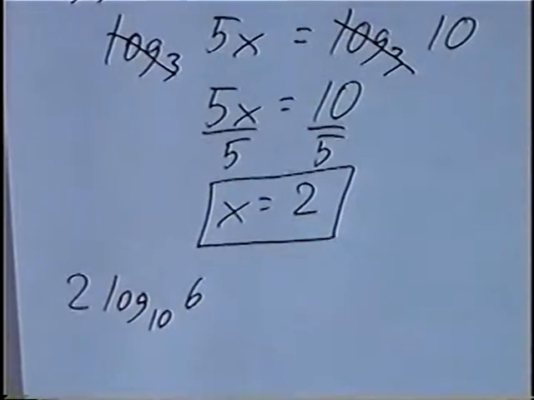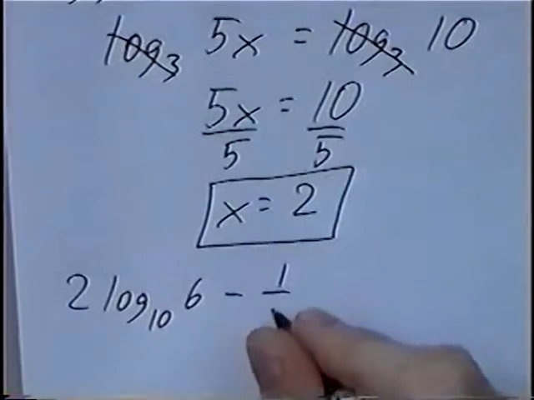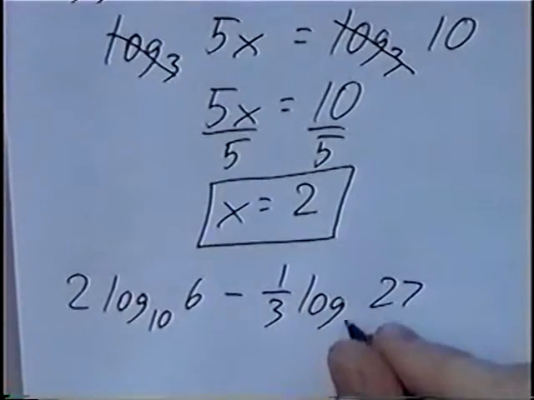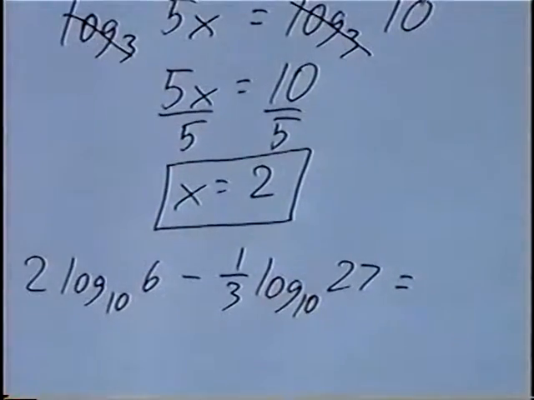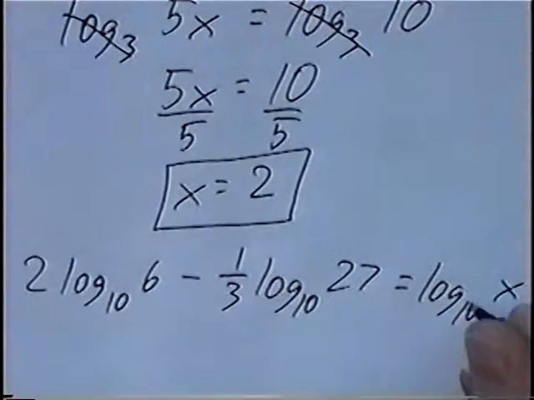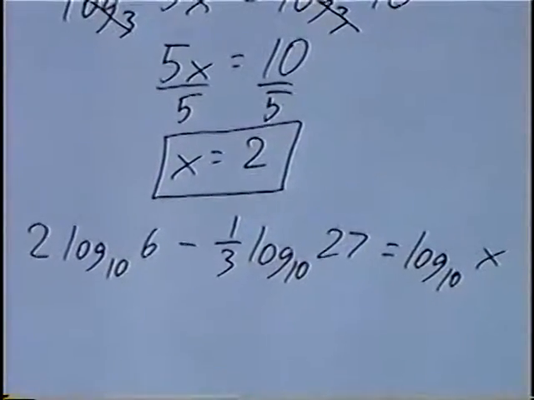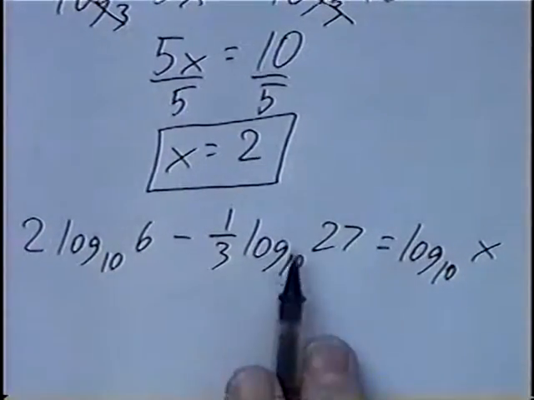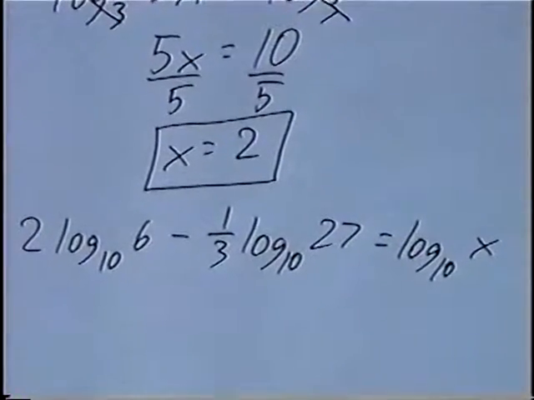So 2 times log 6 base 10 minus 1/3 log 27 base 10 equals log x base 10. Again, solving questions with multiple logarithms, we want to combine all logs together, so we have a single log on each side, which will have the same base of 10.